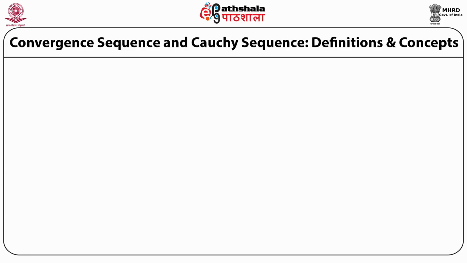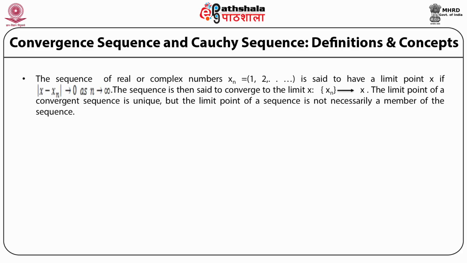Convergence of a sequence and Cauchy sequence: definitions and concepts. Now we will investigate the rules for convergence of a sequence and that such sequences are defined as Cauchy sequences. So, the sequence of real or complex numbers xn, n equal to 1, 2 and so on, is said to have a limit point x if the modulus of x minus xn tends to 0 as n tends to infinity.